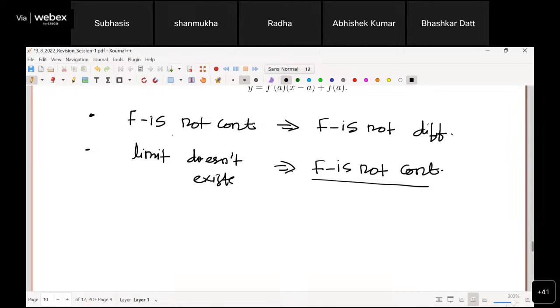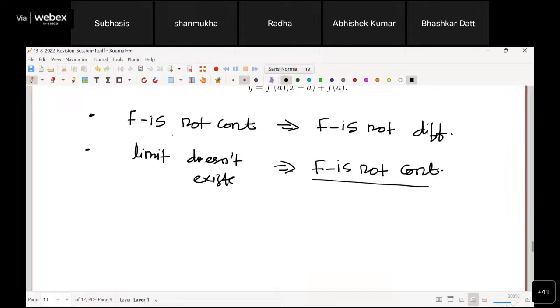But if f is continuous, you can't say whether this function is differentiable or not.